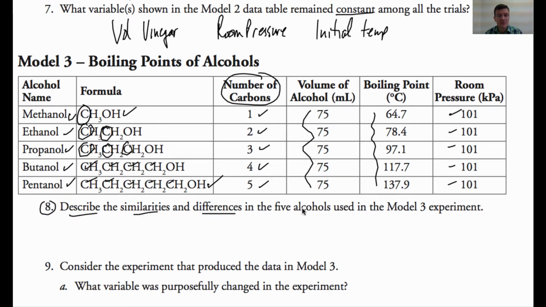So, number 8, let's answer this one. Describe the similarities and differences in the 5 alcohols. Well, we already kind of mentioned these, that the 5 alcohols, they have different number of carbons. Okay? The other similarity they have is all of them have the OH at the end, and all of them are also being combined or bonded with hydrogen in there.